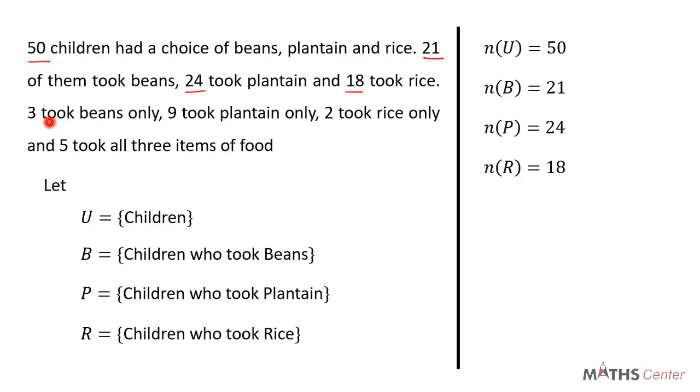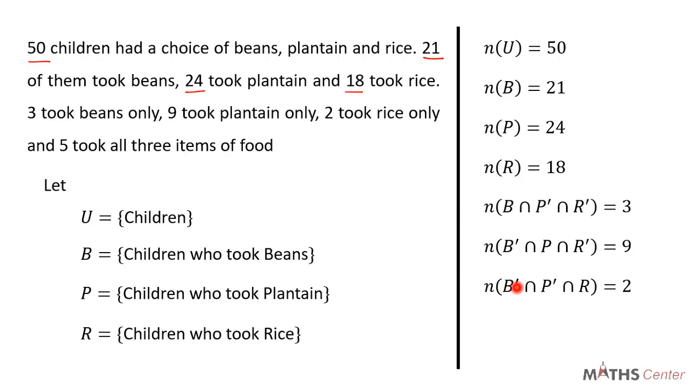It says 3 took beans only. So it means that number of B intersection P complement intersection R complement, which will give us beans only, is 3. 9 took plantain only. So number of B complement intersection P intersection R complement is 9. 2 took rice only.